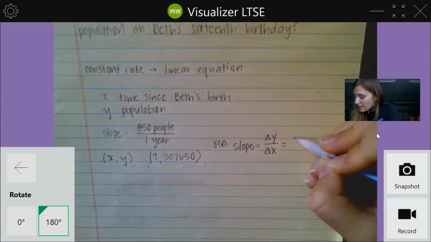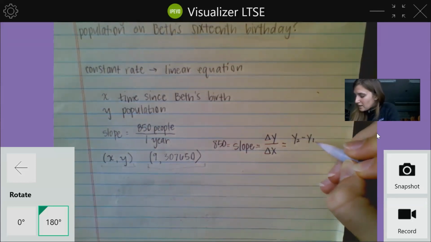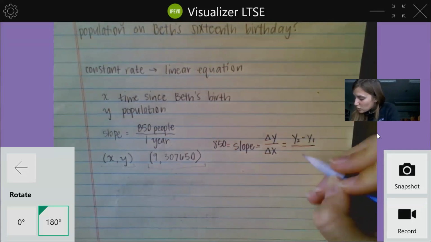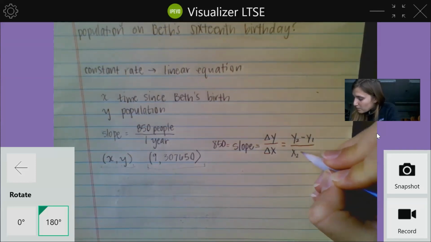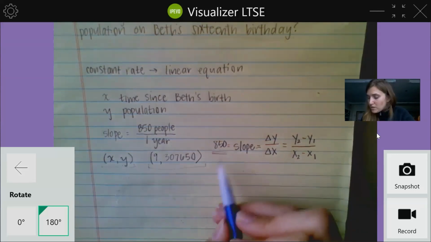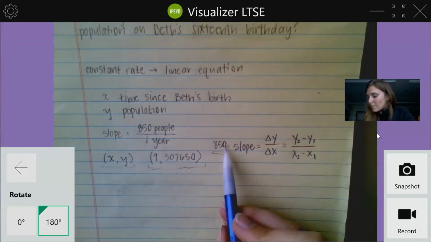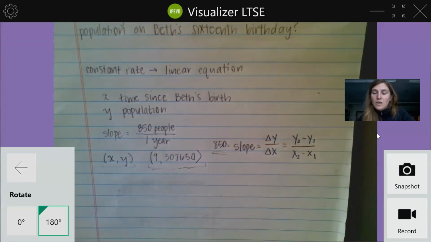Another way to think about it is taking one y value and subtracting another, and then doing the same thing with their corresponding x values. So since we know the value of the slope, and since we know one point, we can plug these three numbers into our formula and rearrange it in order to come up with a linear equation.